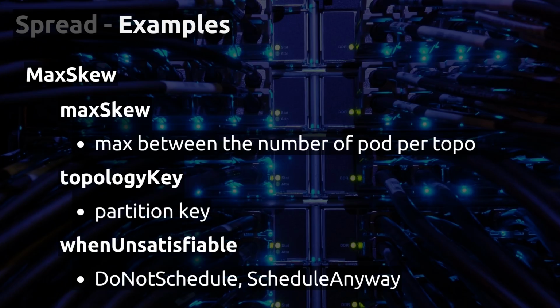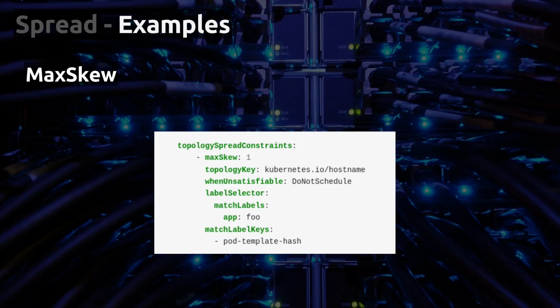Maybe do not schedule if we can't ensure this spread, or schedule anyway. This is like a bypass, just trying. It's a little bit like required and preferred. We can say DoNotSchedule is like required, and ScheduleAnyway is more like preferred.